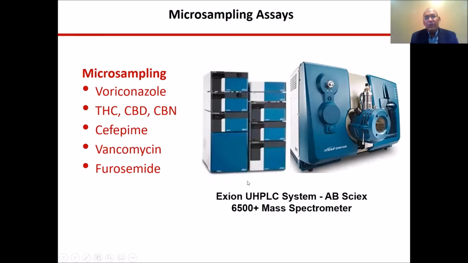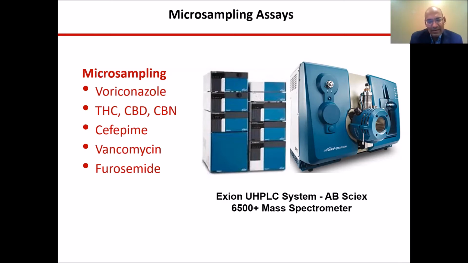Moving on to our research laboratory, we work on a variety of therapeutic areas as a Center for Clinical Pharmacology. We have developed microsampling assays for voriconazole and some of the cannabinoids, and we utilized the cannabinoid assay for remote sampling studies with the pediatric autism population. More recently, we have been focusing on antibiotics.